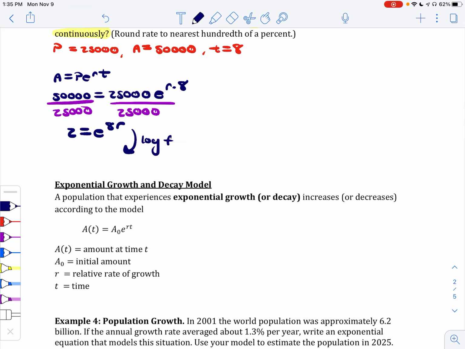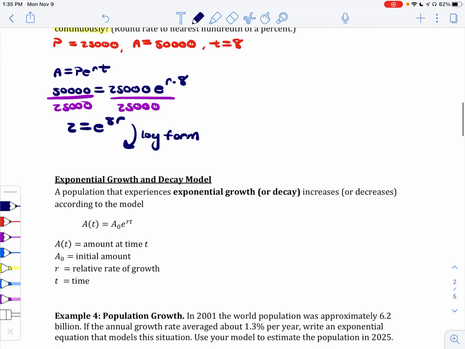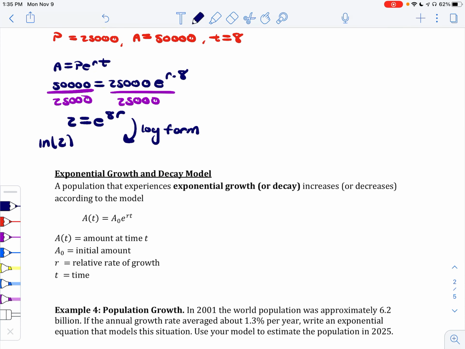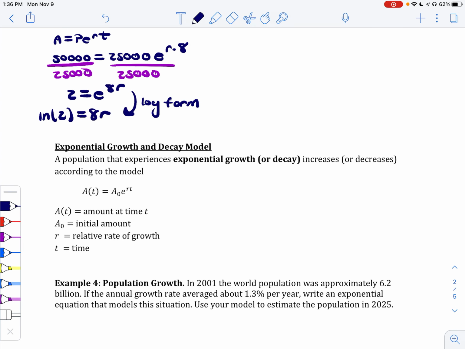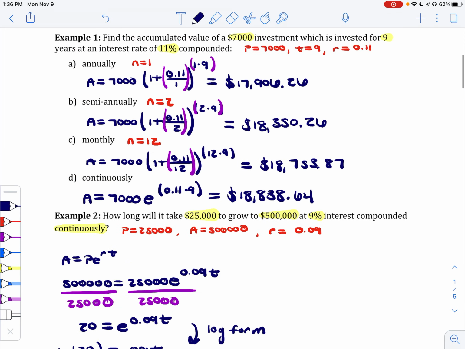Change into log form, which again we have a base of e, so that would be our natural log of 2 is equal to 8r. And then divide by 8 on both sides. So r is equal to the natural log of 2 divided by 8, which if we plug that in, gives us 0.0866, which as a percentage would be 8.66%. All right, so that is it for our finance examples.